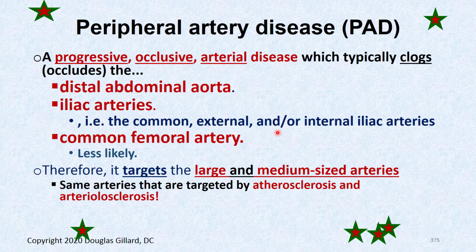If their dorsalis pedis is absent, you start working your way up to figure out, well, where's the pipe clogged at? You can sometimes tell the difference between these. Therefore, it targets large and medium-sized arteries. And the posterior tibial, those guys are kind of medium to small arteries. I guess small arteries would be better.